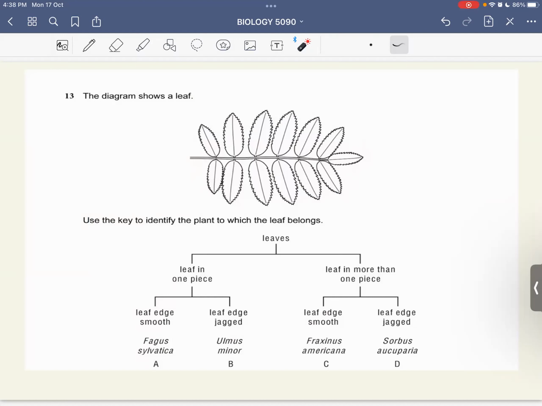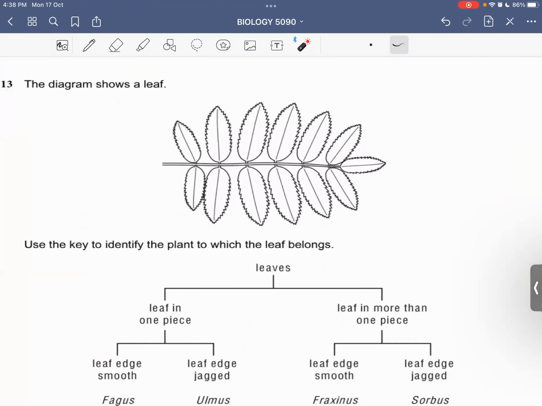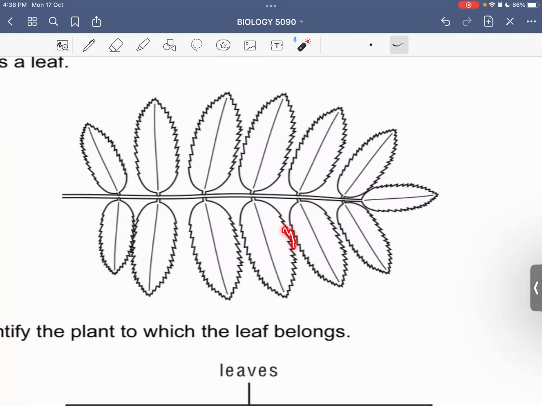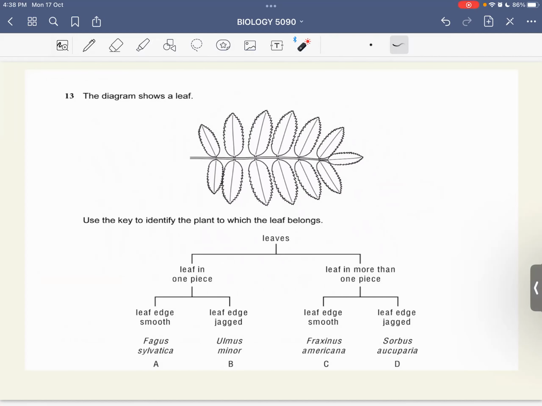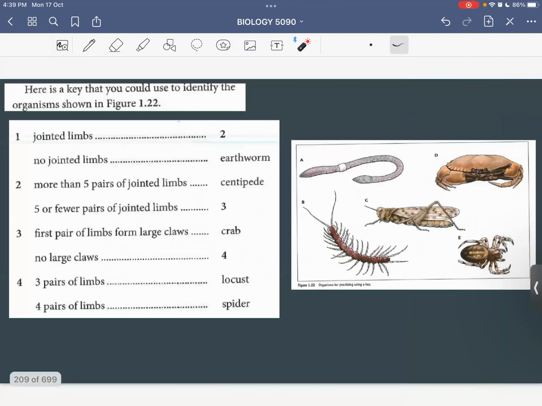Okay, so is the leaf edge smooth or jagged? Miss, it's smooth. Look at the leaf edges. They are jagged. Yeah, the edges are jagged. So then what's the option? Correct option, maybe Miss, D. Sorbus, something. Yeah, whatever. Acha. This we did already.